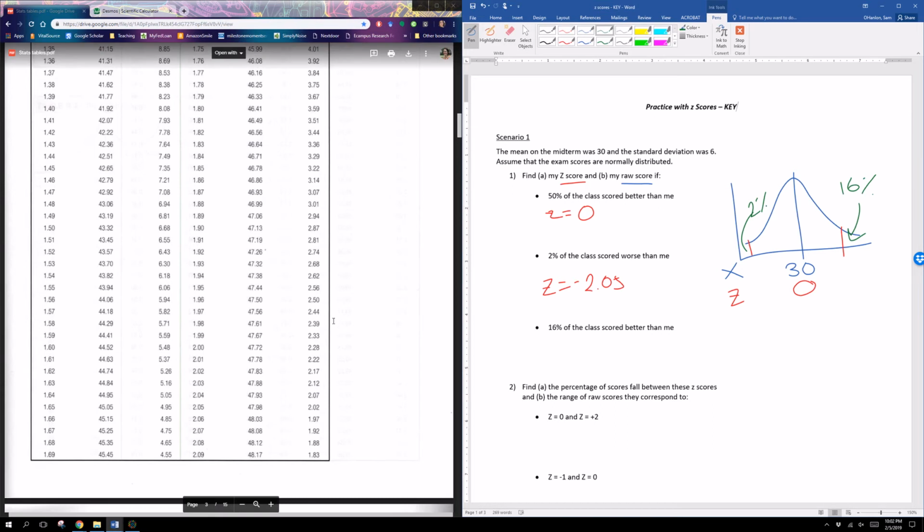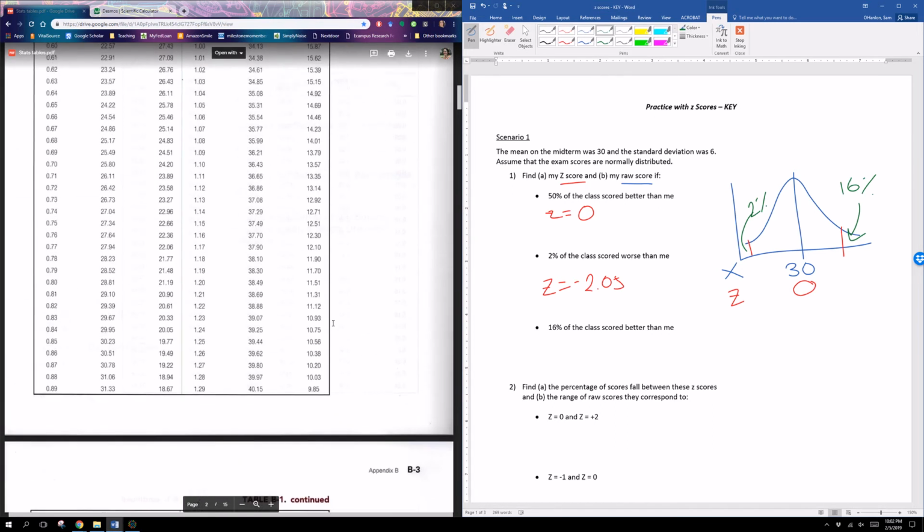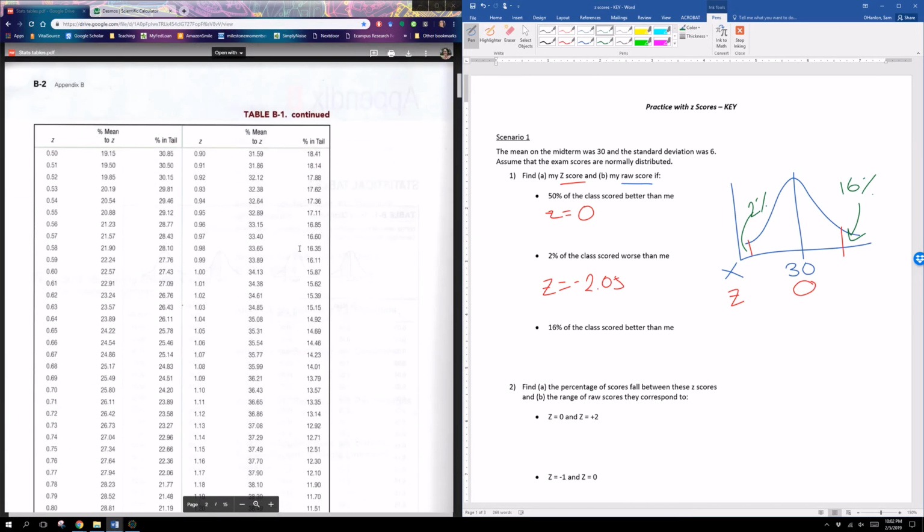So back over to our table, we are looking for the value with percent in tail closest to 16%. Okay. So this one right here. So we've got z equals 0.99. Now this is a positive score because we are on the positive side of the z distribution.